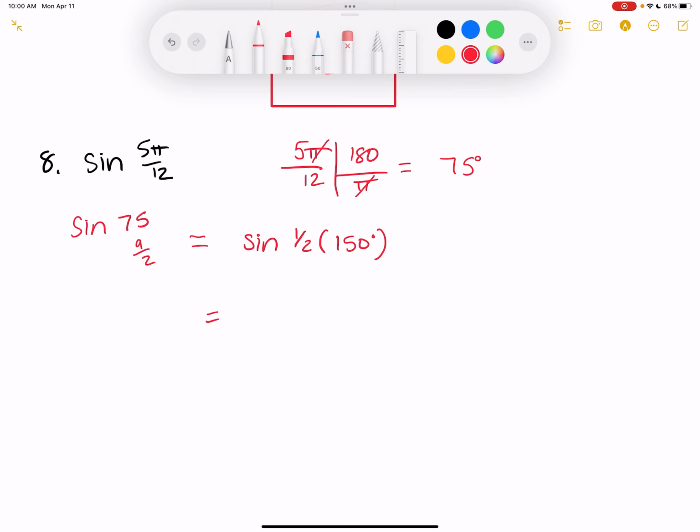How are we doing? Go ahead and go over it.